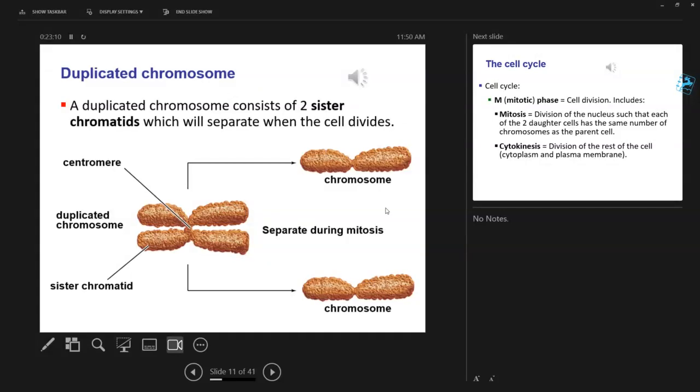So it looks like the letter S because there are two identical chromosomes still stuck together, and then when they separate during cell division, they're not called sister chromatids anymore. Each one is an independent chromosome.